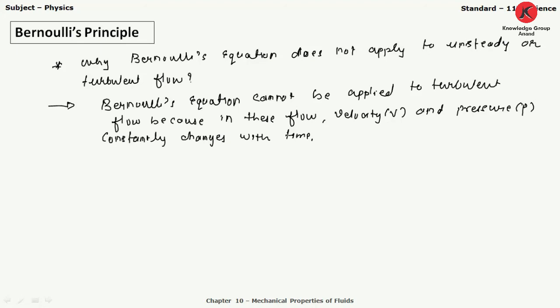So we cannot apply Bernoulli's equation for unsteady or turbulent flow.